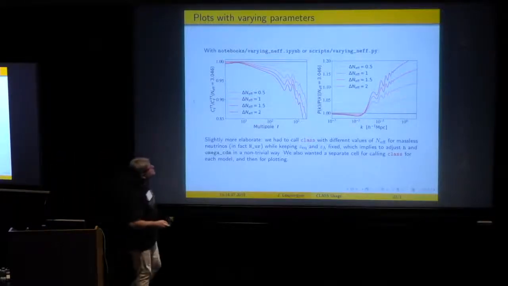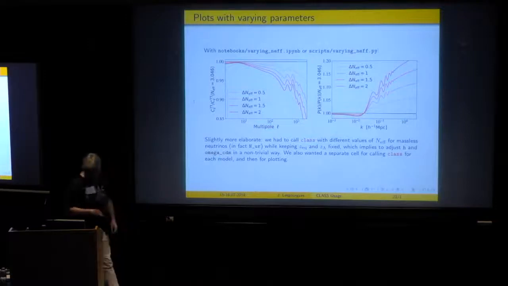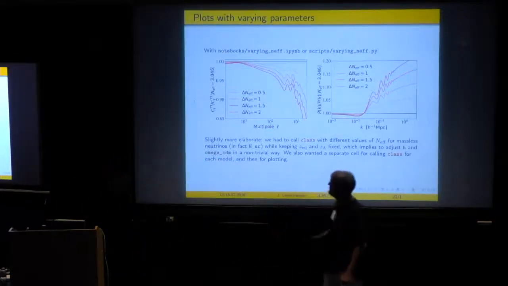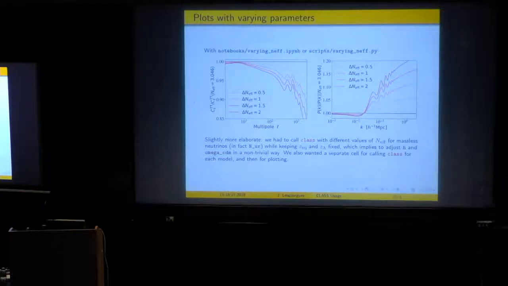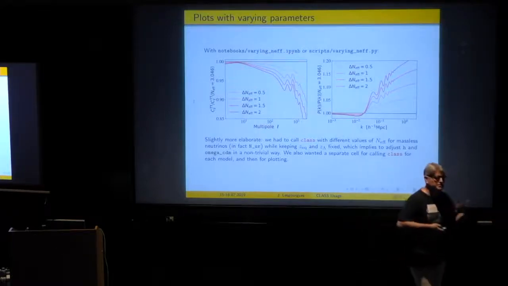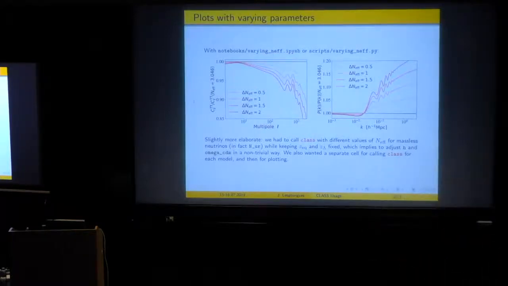Now, this is another script doing the same, but I thought it was worth showing because there is something a little bit more complicated. So now we show the effect on the CMB spectra and on the matter power spectrum of varying this delta N_eff, which is the density of extra radiation on top of photons and neutrinos.